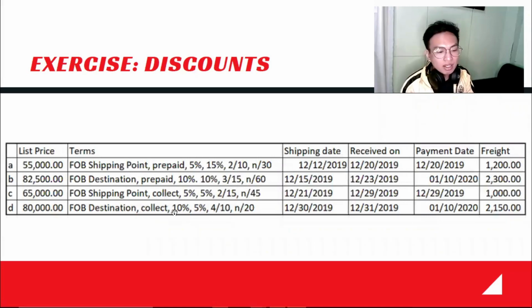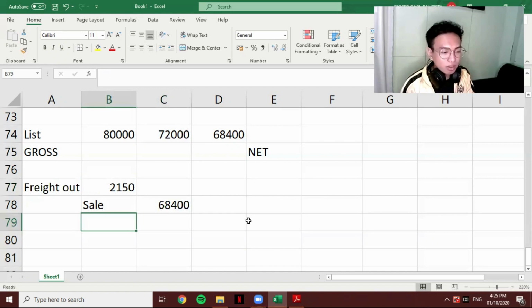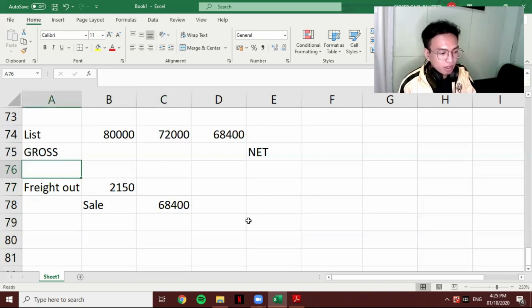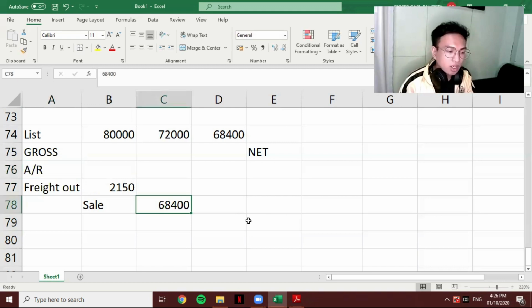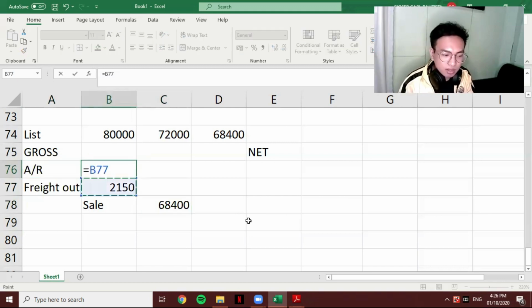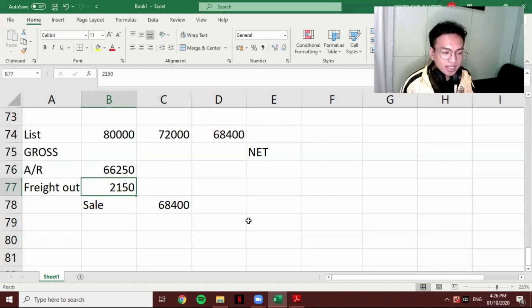So, ang nagbayad ng ating freight na 2,150 is your customer. Therefore, this will be deducted from their AR, which is 68,400. Instead of 68,400, you will only receive from them 66,250. Yan ay wala pang discount and everything.